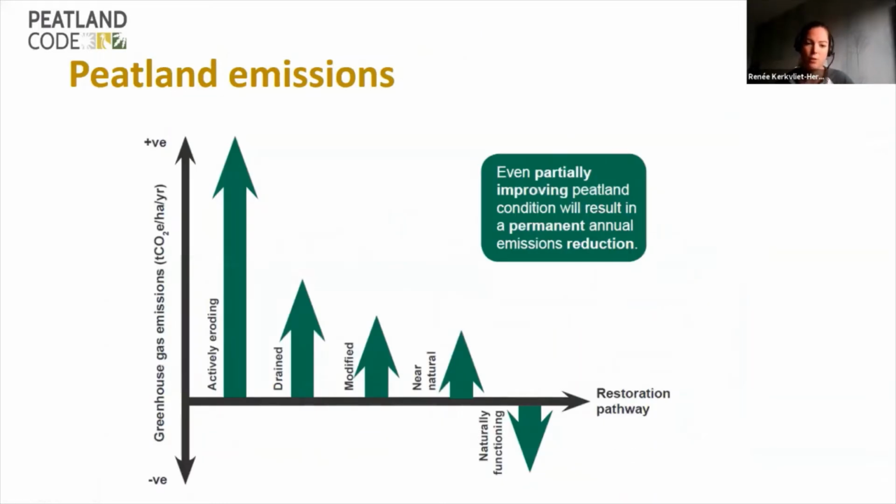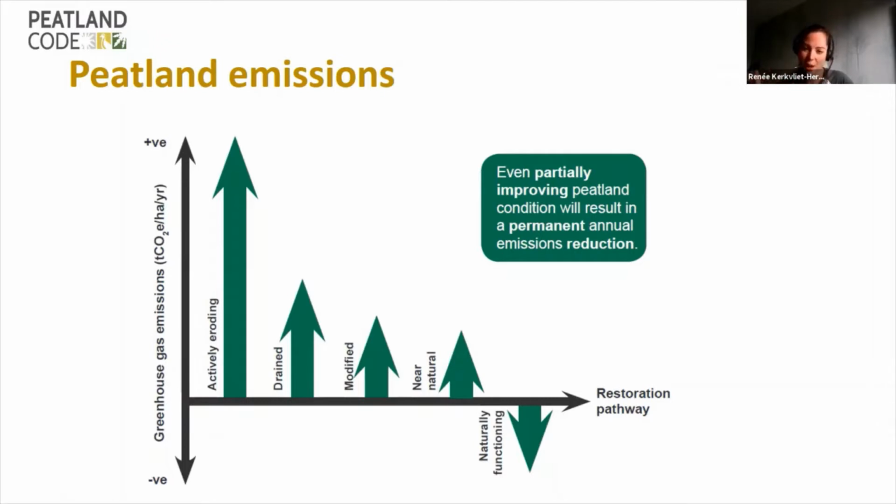So this is roughly the same, but then visualized. You see only a naturally functioning peatland here is actually sequestering some net carbon on a net basis. Peatlands are really good at locking in CO2, but they only lock in a little bit of CO2 every year.